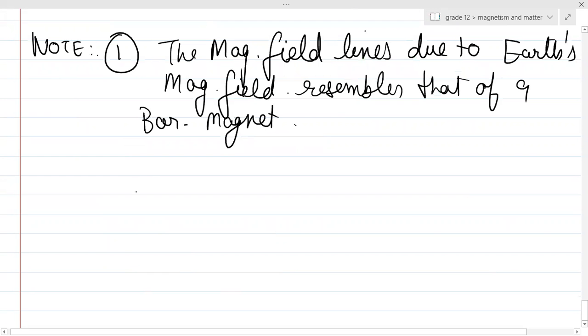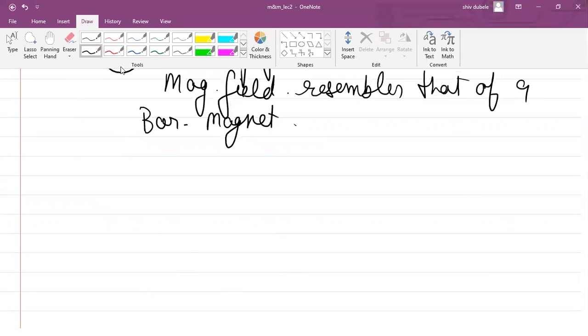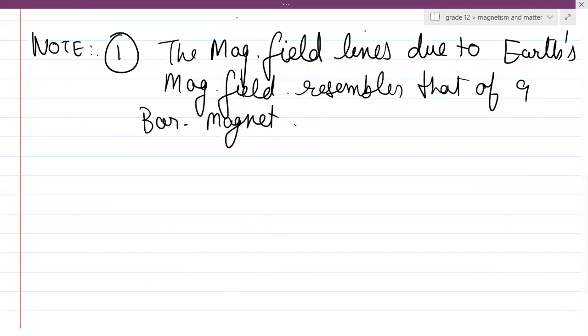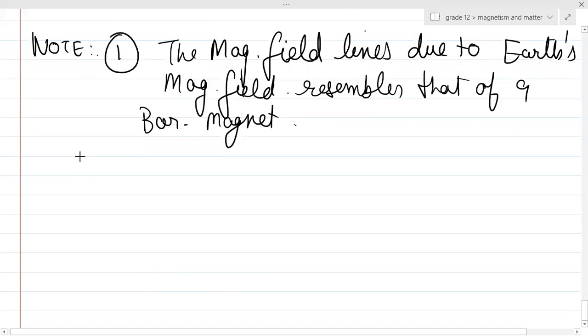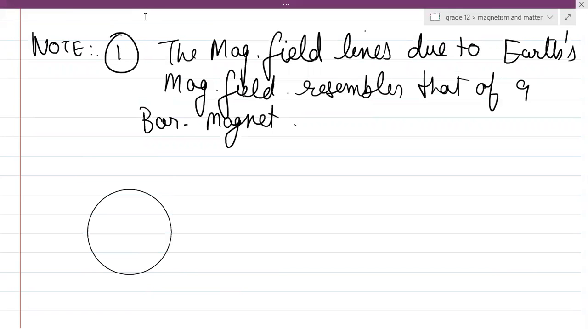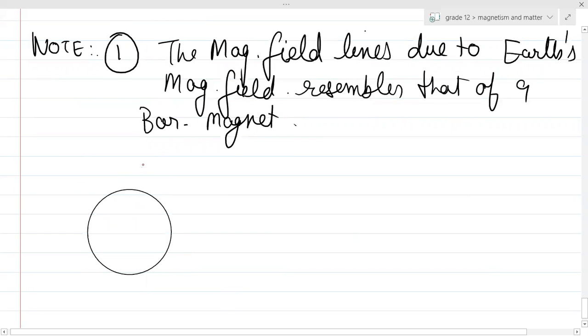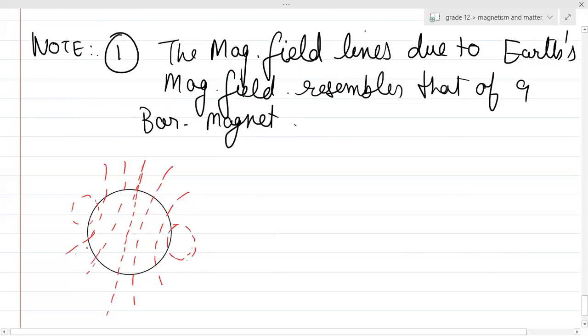The magnetic field which people observed of Earth was similar to that of a bar magnet. So people said, अरे, शायद there is a huge magnet inside Earth. Okay, the magnetic field looked like this. Somewhat, not everything.